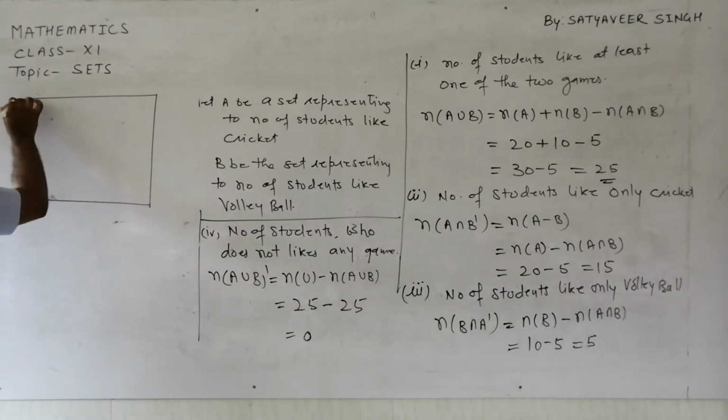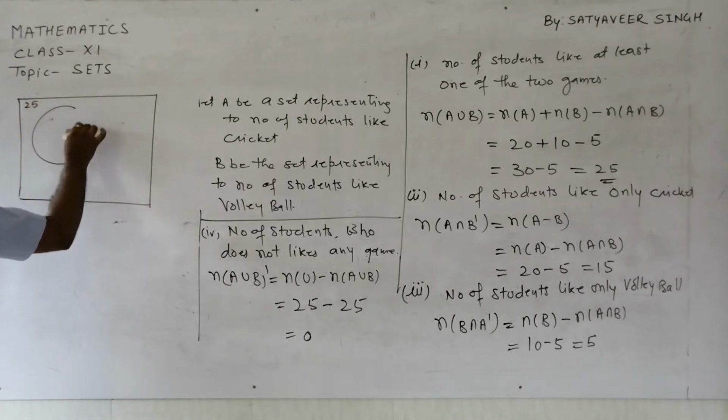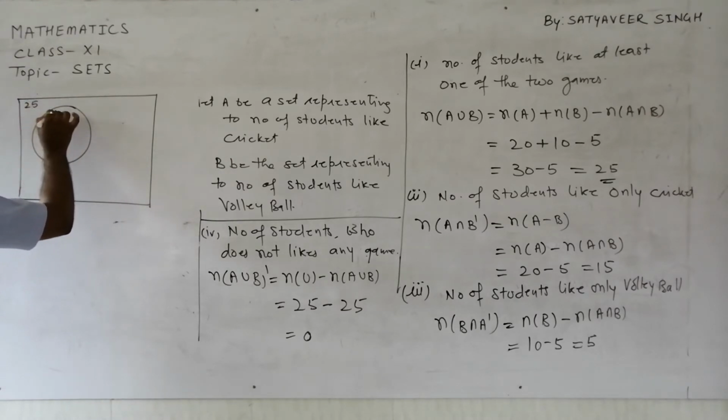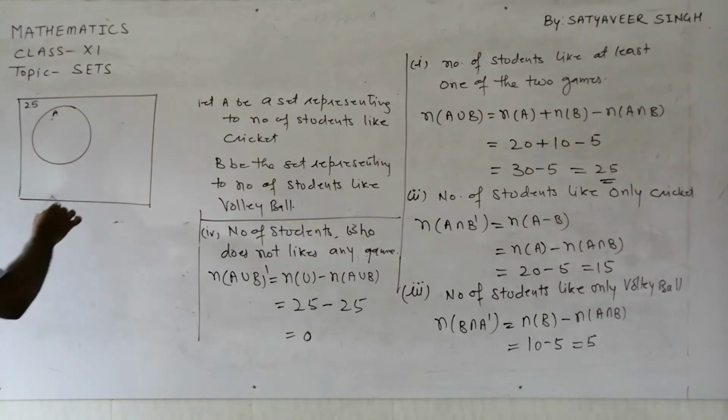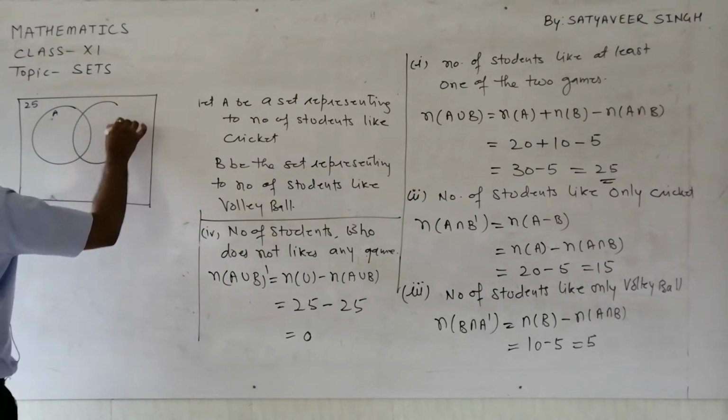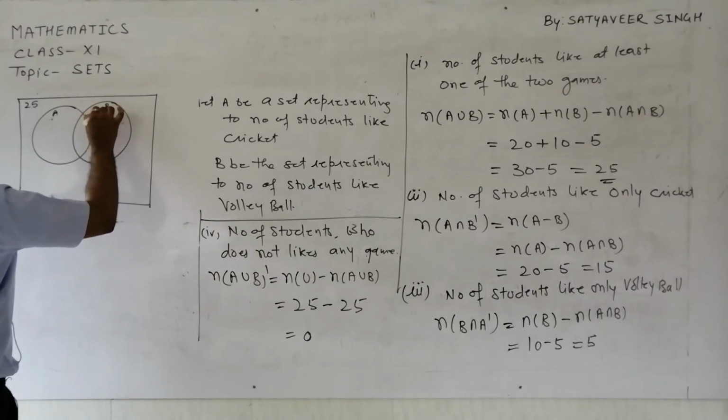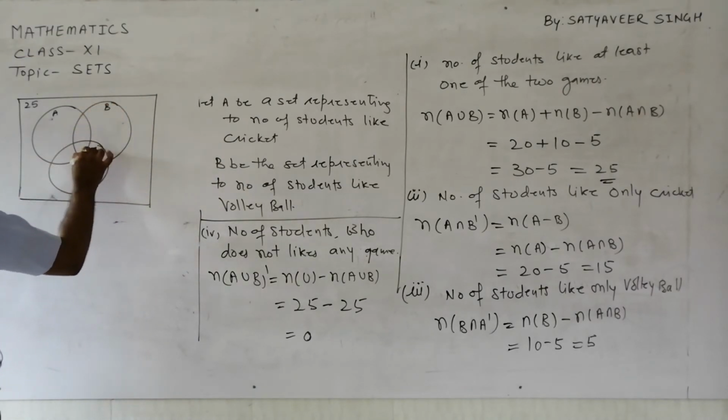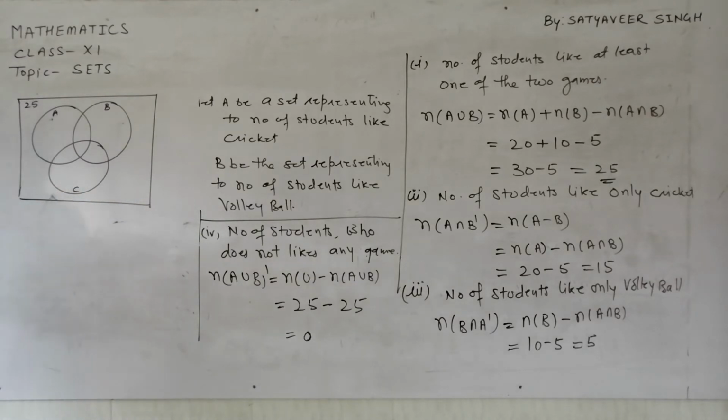In this class there are total 25 students, and some students have opted mathematics, some students have opted physics, and some students have opted chemistry. So the number of students I am writing accordingly.